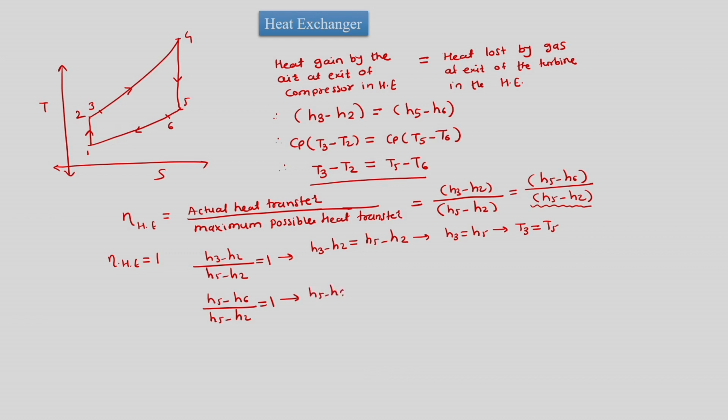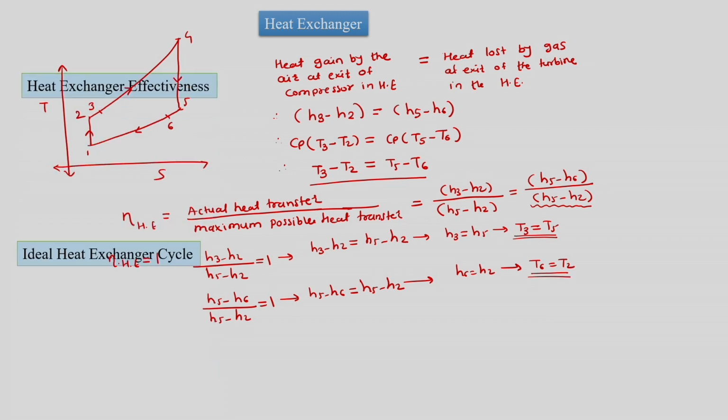So we have H5 minus H6 is equal to H5 minus H2, and then that would lead to H6 is equal to H2, and this leads to T6 is equal to T2. So this remains the outcome of having ideal heat exchanger.